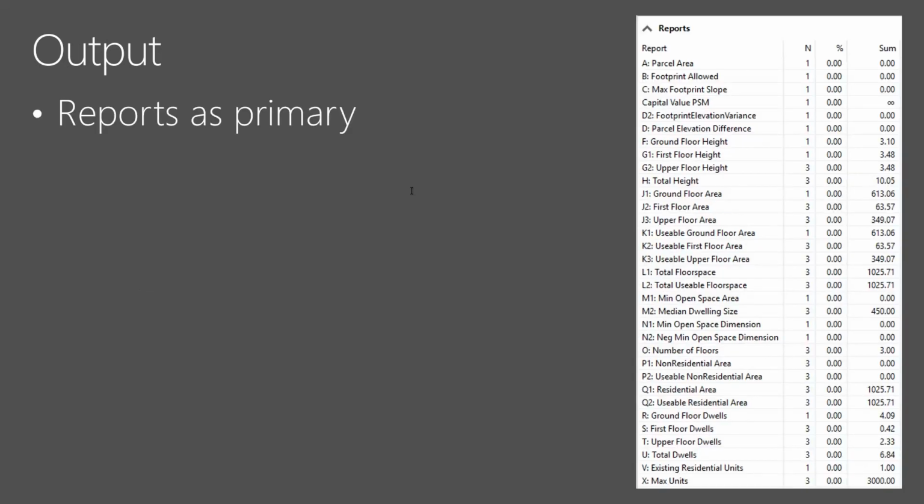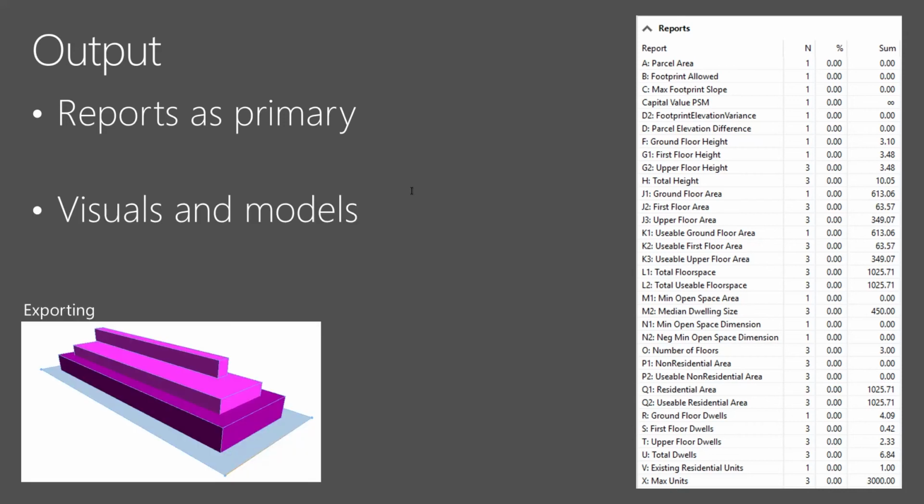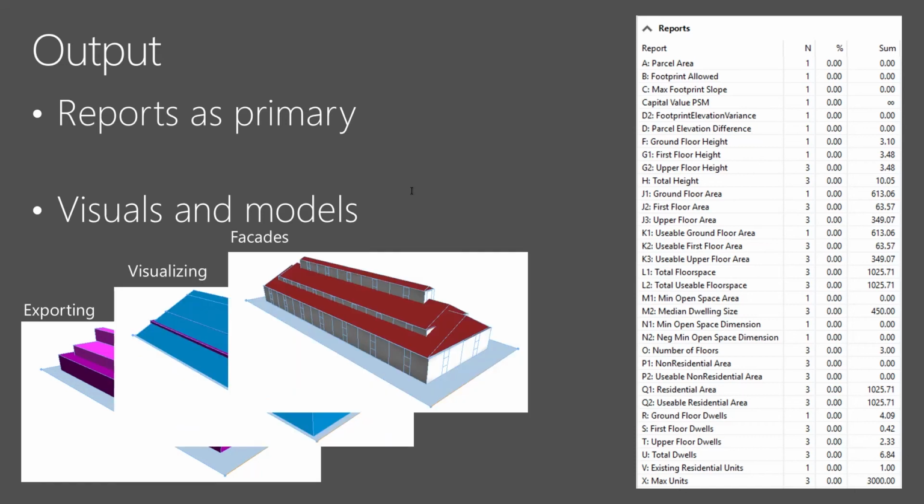What kind of output do we produce from the CityEngine? Primarily, these were reports, and these reports were used by these Python scripts. So CityEngine processing was the first step, and then the Python processing. We also did have some visuals, and this is an example of exporting setting, visualizing setting, and facade settings.